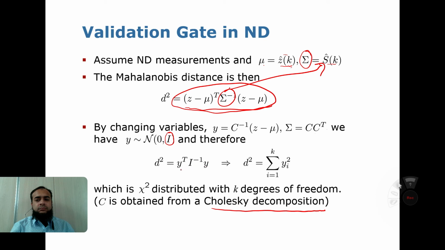So here y is the same as this one, where the inverse is the covariance matrix. So again we can say y is chi-square distributed with k degrees of freedom.